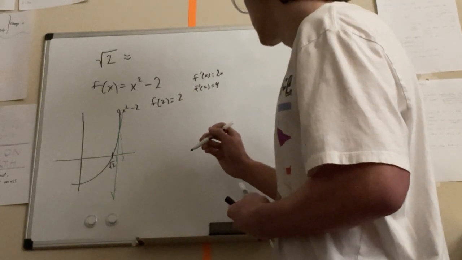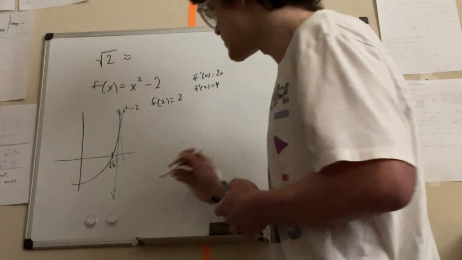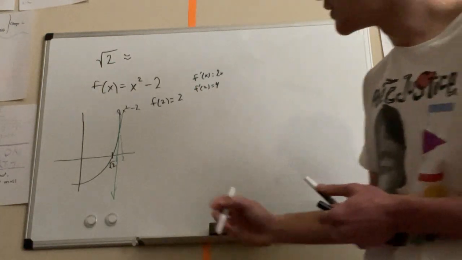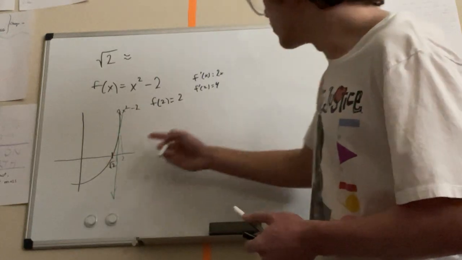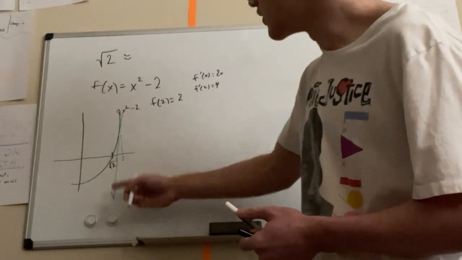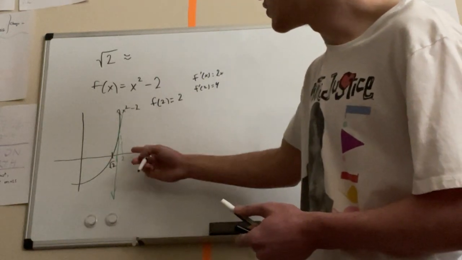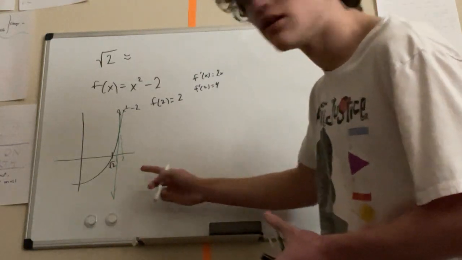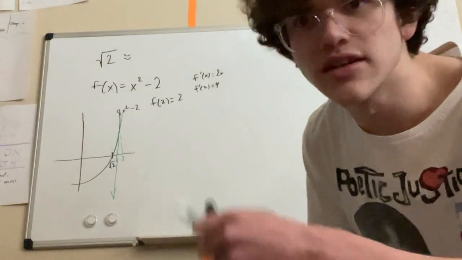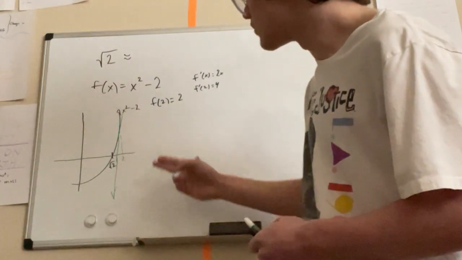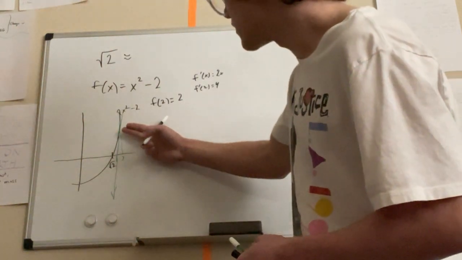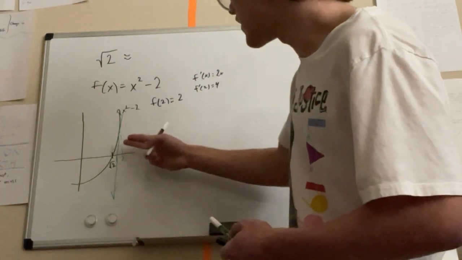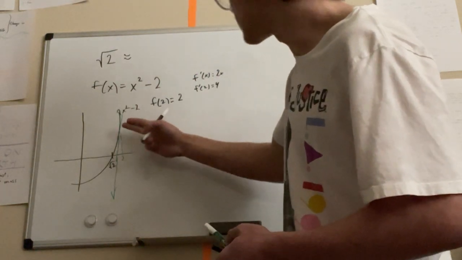Well, let's think about this critically. The slope, of course, is 4. So, it goes down 4, and then it's 2 away. So, what would that be? That means it starts up here at 2. Well, let's find the output of this at x equals 2.